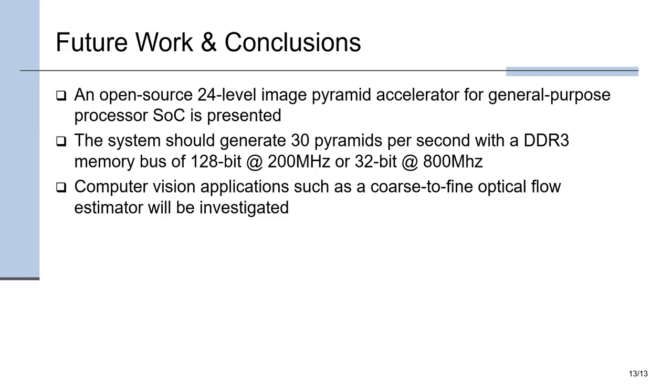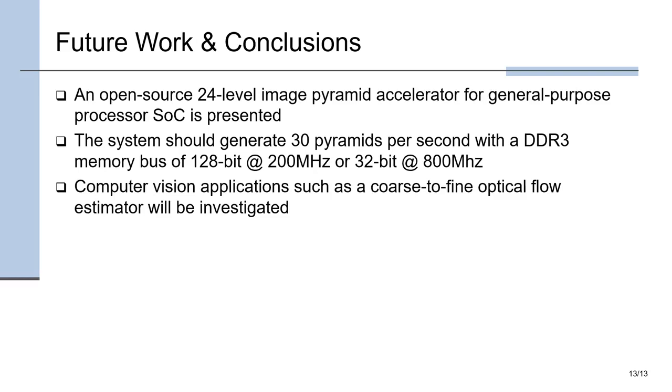Finally, computer vision applications typically use an image pyramid for image analysis, right? So in particular, we will look into an application that computes optical flow from a sequence of images using a coarse-to-fine approach.